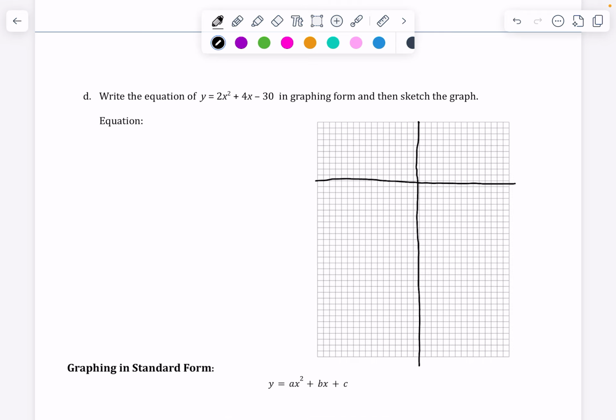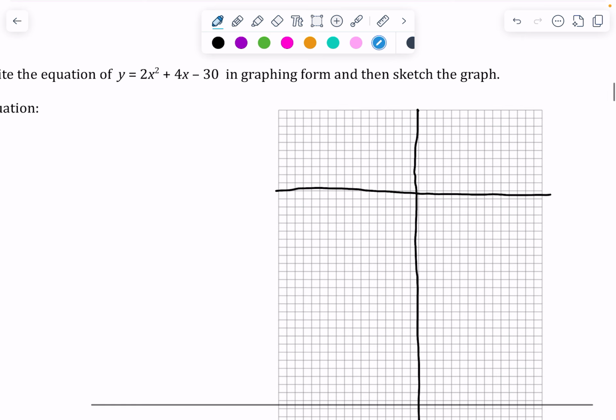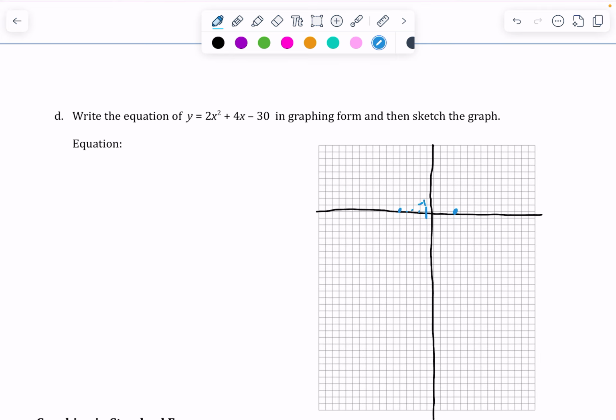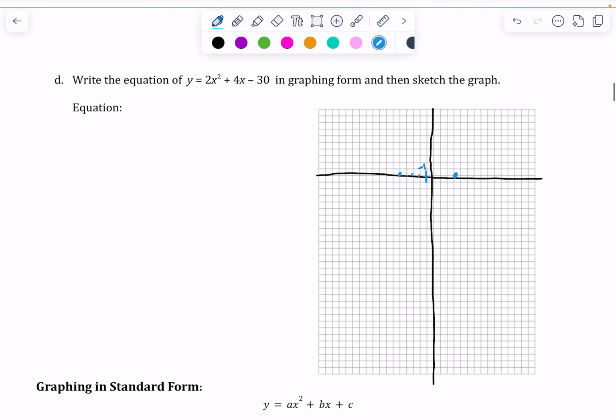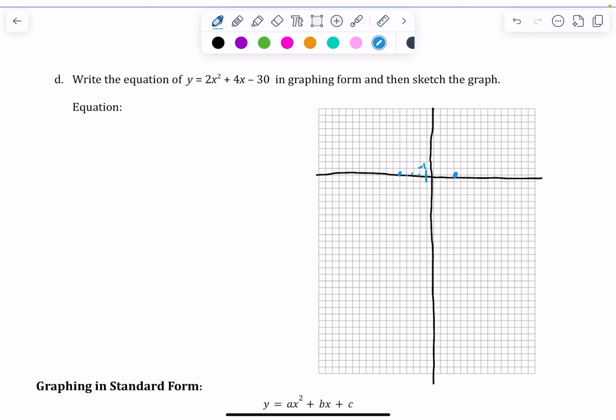So we know we had x-intercepts at 3 and -5. And we said that the middle point, right, the vertex, is going to be right here at -1, right? And we know that we're going down all the way to -32.